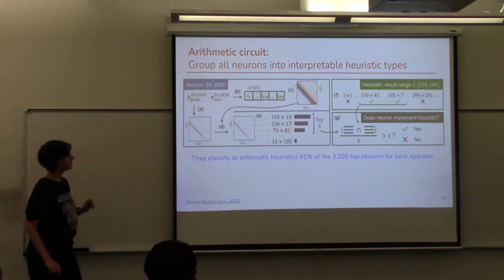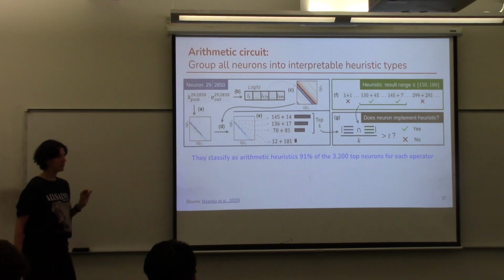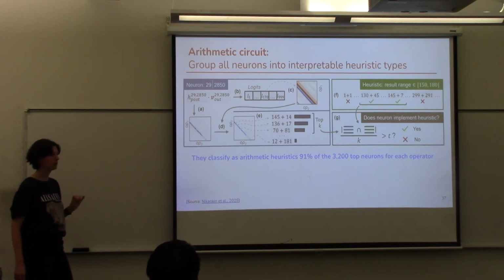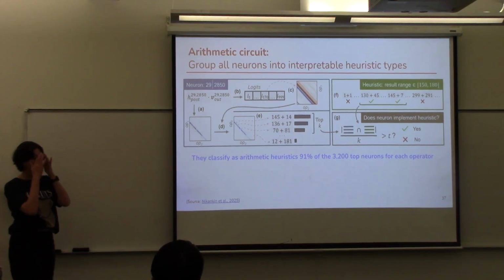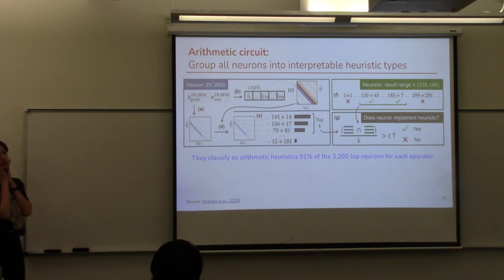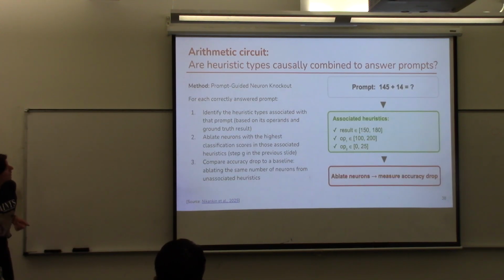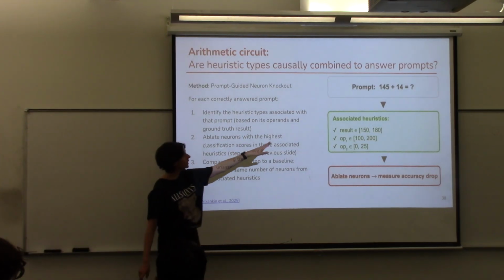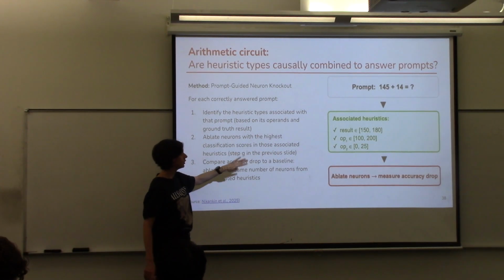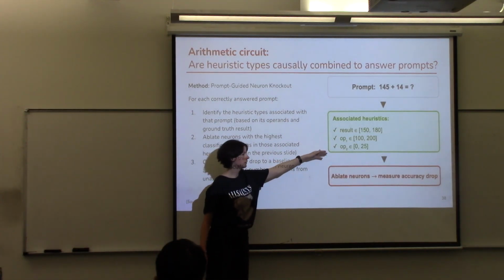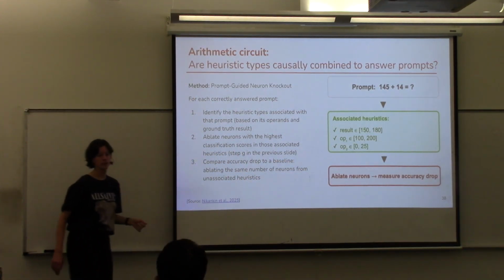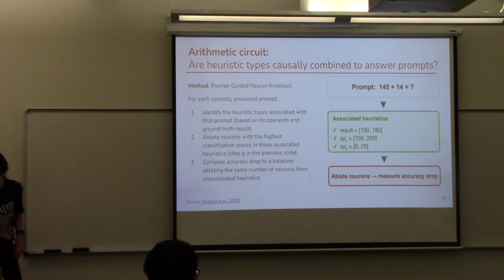With this threshold being high, that intersection being high tells them that that neuron is implementing a certain heuristic, which is visualized with what you see on the right. If you have this prompt, we can use that intersection to check whether any of the heuristics is what this prompt is activating for.